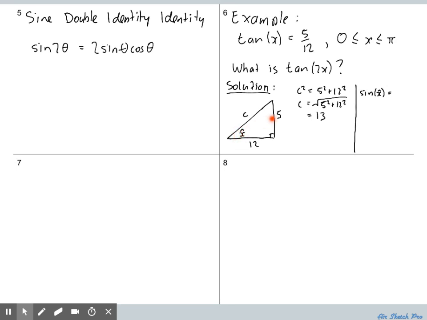So sine is opposite over hypotenuse. Other Ollie, what do you reckon it is? Yep. So 5 is the opposite value, and 13 is the hypotenuse.